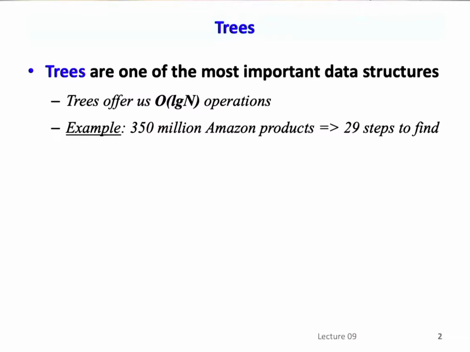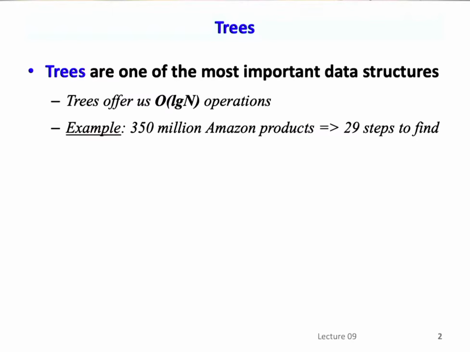So take an example of Amazon. Amazon currently has 350 million products in its complete database, right? So that's a huge number. And if you were to look up any product, if you went to the Amazon search bar and typed in, let's say, new sneakers that came out, it only takes a maximum of 29 steps to traverse.